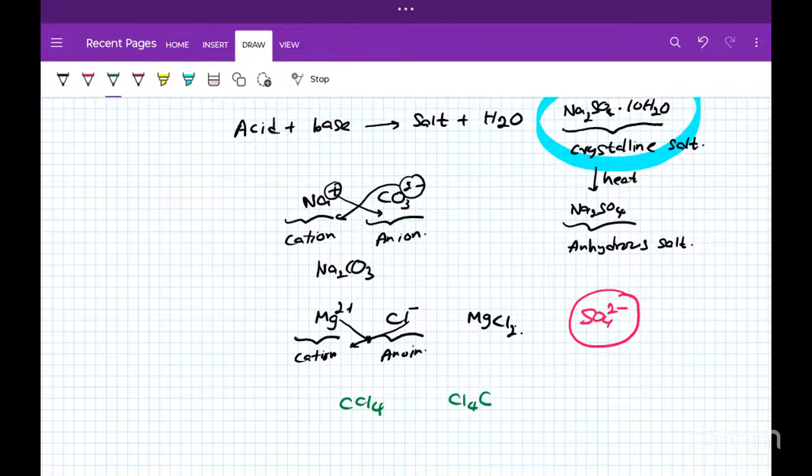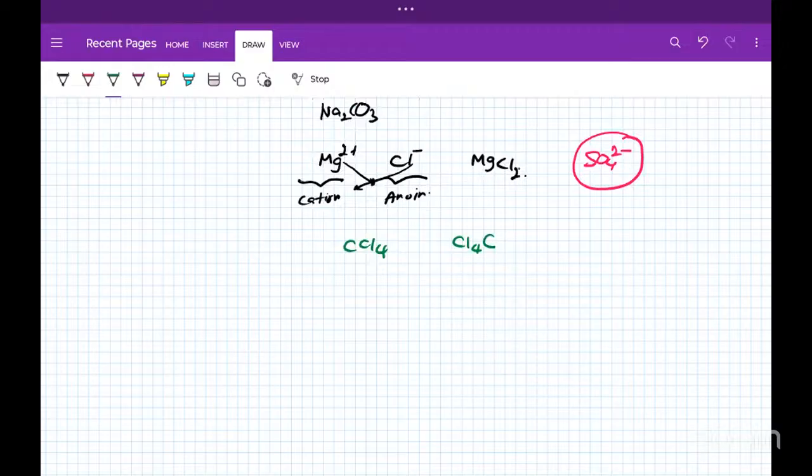Central atom comes first. Now let's say for an example, sulfur is connected to fluorine, chlorine, oxygen, and chlorine like this. And then there is a question of how to write this. This is written as SClOF. So S is the central atom.